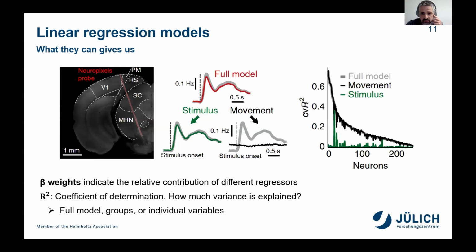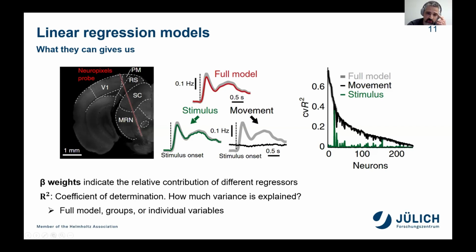And the reason why that's important is because when you look at a trial average, you basically see the averaged activity over all your trials, but you don't really know what the individual trials look like or what else is going on when you think of spontaneous data. The R-square, in contrast, is basically just saying, if you think of your full model, how much of the overall variance in your data can be accounted for by using that model.